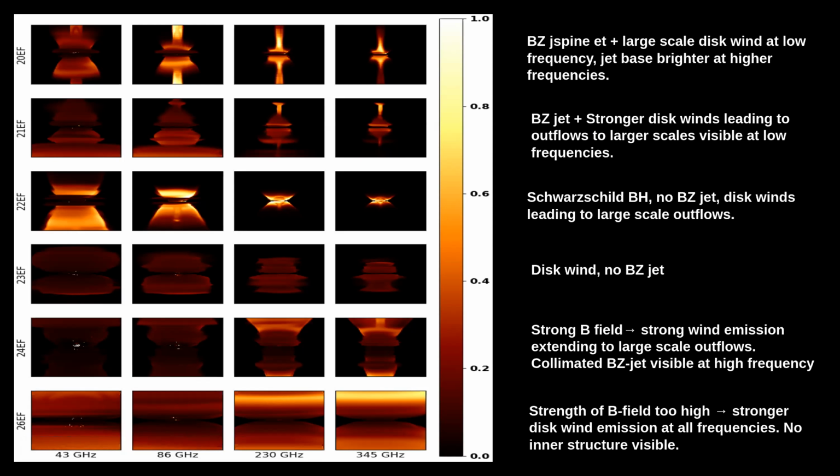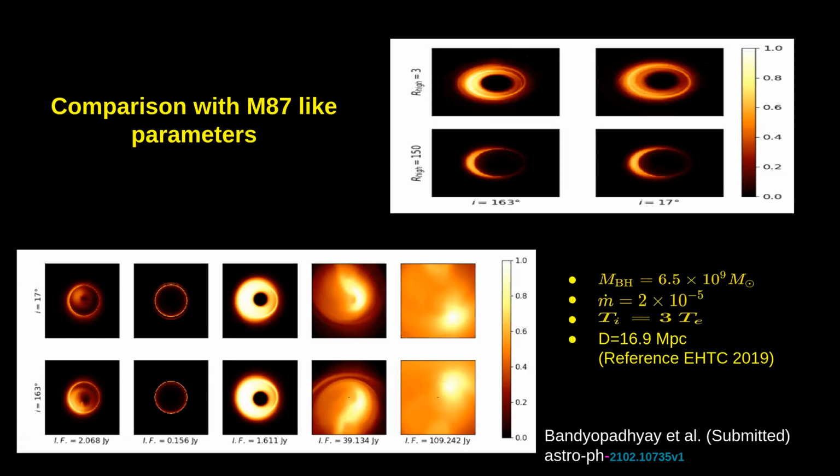But then we tried to understand what we see for these simulations if we apply MAD7-like parameters, that is the black hole mass, the Eddington ratio, and the temperature. So we compare all our simulations, and we see that we can see a ring-like feature in some of them.